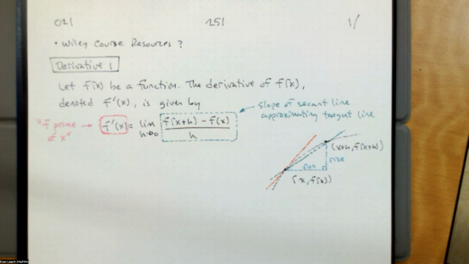It looks like h because we can cancel out the x's. X plus h minus x, that's the run. Subtract the x's and we're left with h. The limit as h goes to 0, that's us shrinking the run down to 0 and seeing what happens.